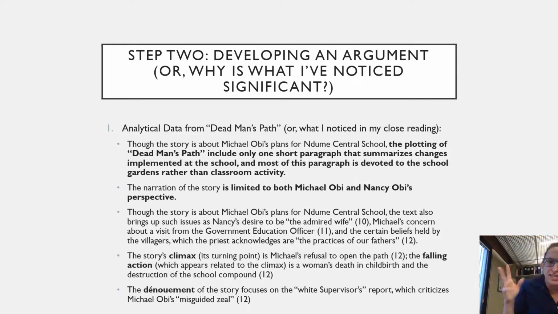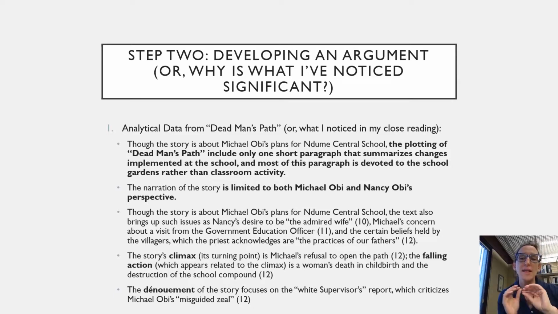Some other things I noticed, once I realized there's stuff in this story that really isn't about classroom activity: what is it? Well, there's a large chunky paragraph on page 10 about Nancy's desire to be admired by the other wives.